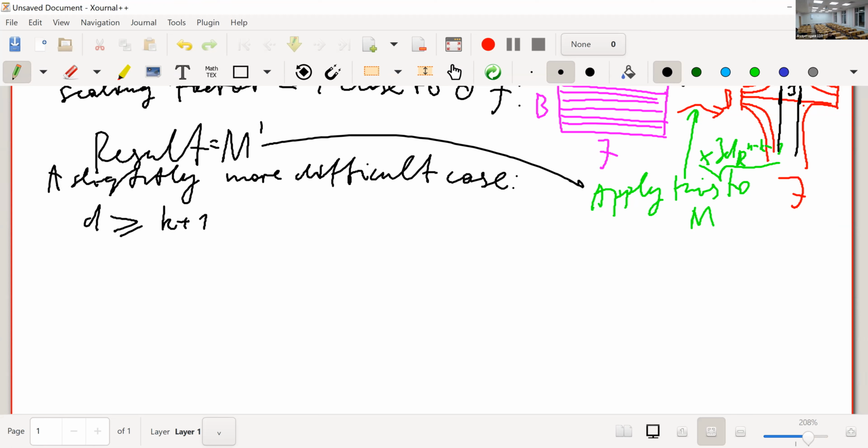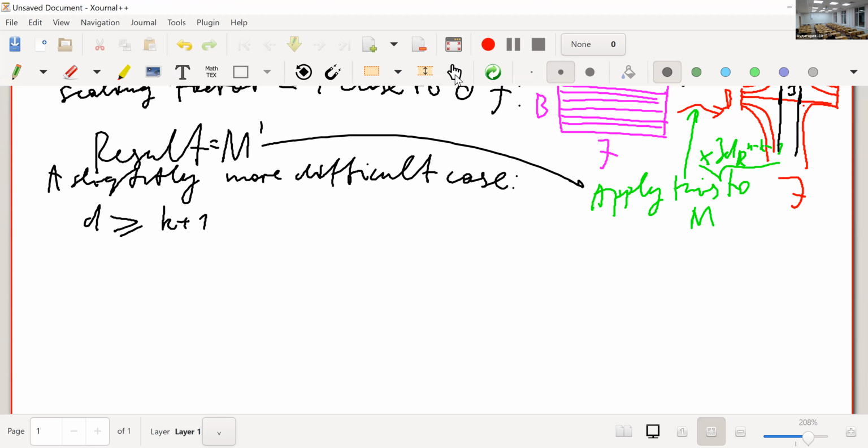So in this case, we may no longer assume that the image does not intersect some wall.